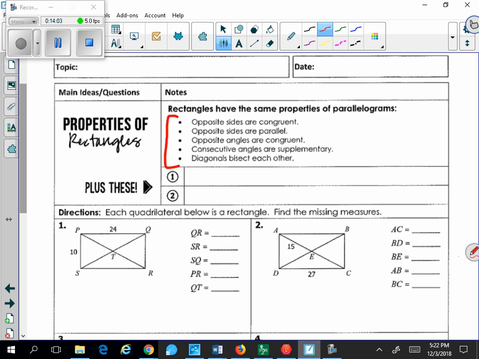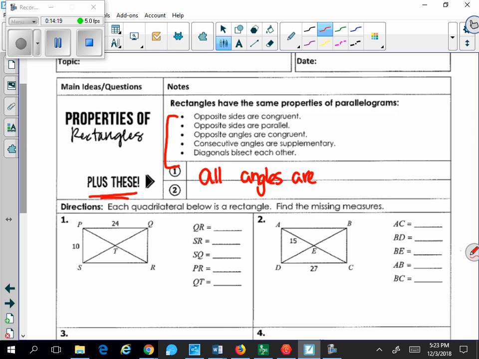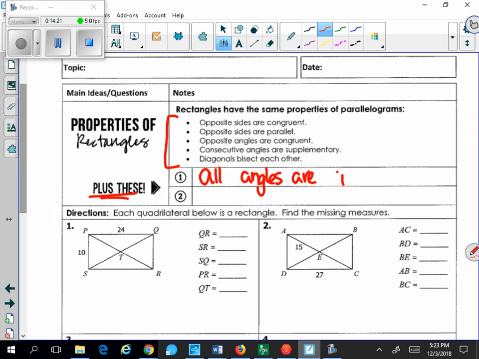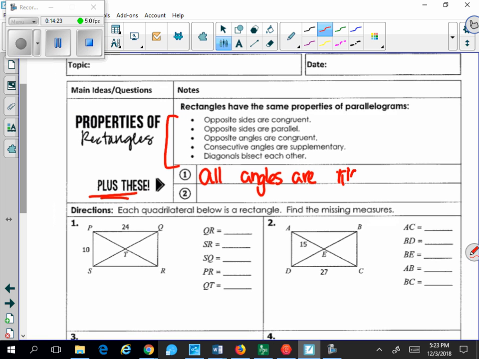But we want to add 2 more things to this list, because this is what's going to specifically tell me this thing is not only a parallelogram, but it's a rectangle. So the first thing is that all angles are right angles. All the angles are right angles, which I think we already know.